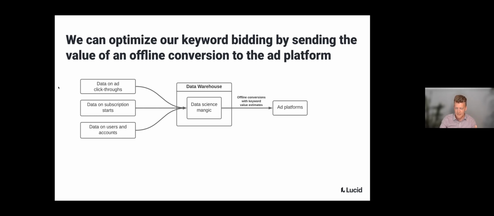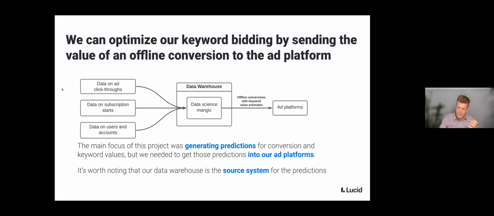It really is this simple. You pull the data in, you do a bunch of data science magic, and then you push the data on to the ad platform. It does require a ton of contextual information about a user, about their account. That all feeds into the data science magic. But you want the main focus of this kind of project to be on generating those predictions for conversions, for keyword values.